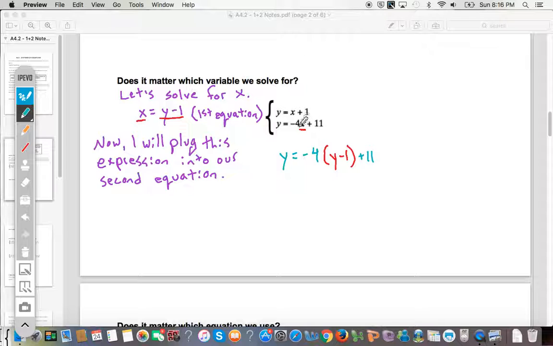Instead of plugging in x, I plugged in what x equals, which is y minus 1. Now we distribute. So I have y equals negative 4y plus 4 plus 11. If I add 4y over here, I get 5y equals 4 plus 11, which is 15. So obviously y equals 3.